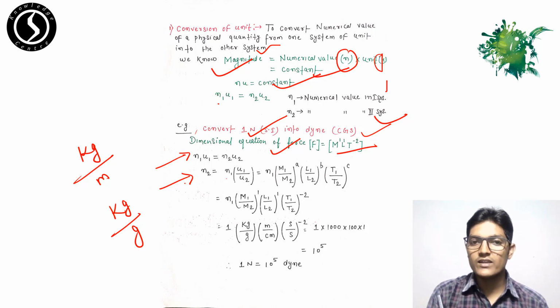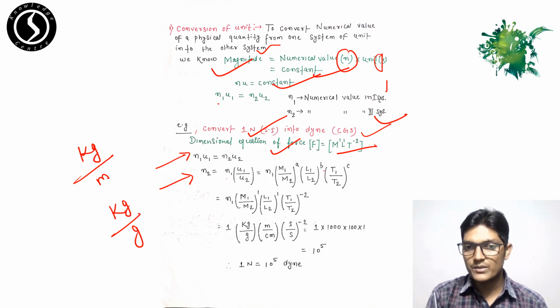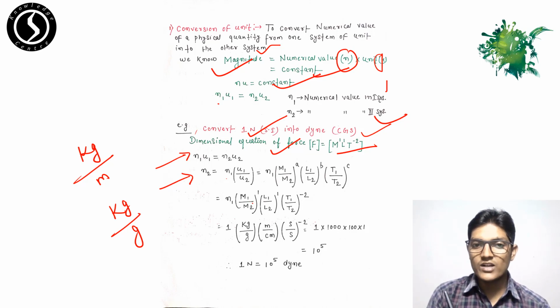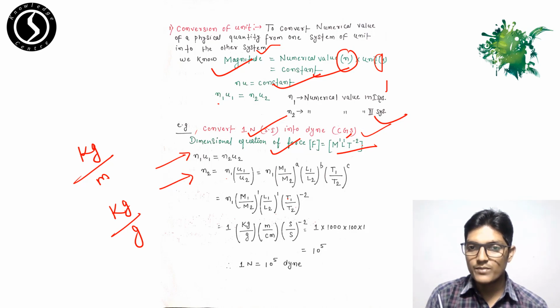That is why we have written n1 (M1/M2)^a (L1/L2)^b (T1/T2)^c, because we can't cancel different units from each other. So n1 (M1/M2)^1 (L1/L2)^1 (T1/T2)^-2.